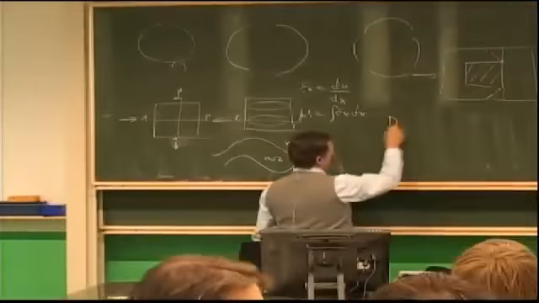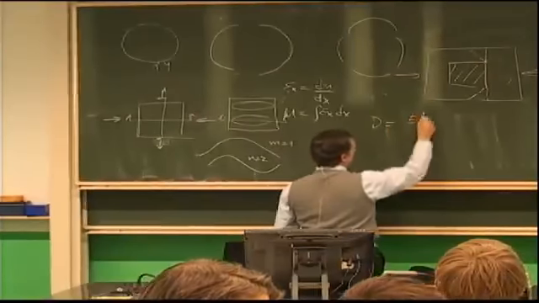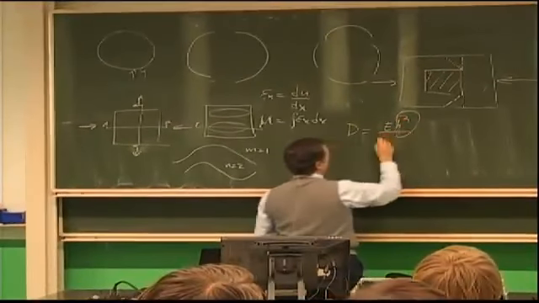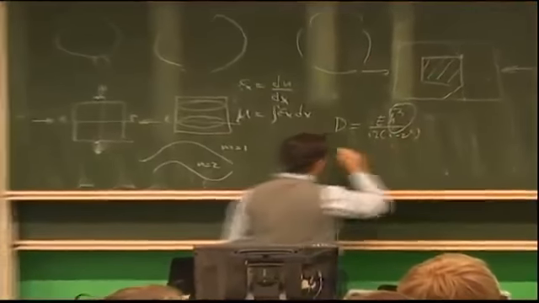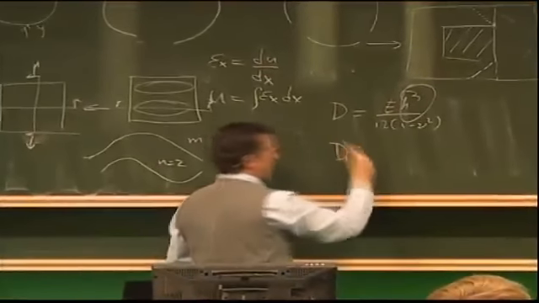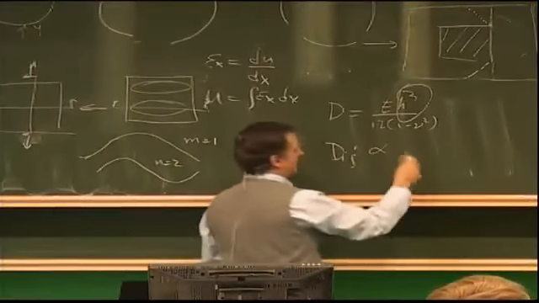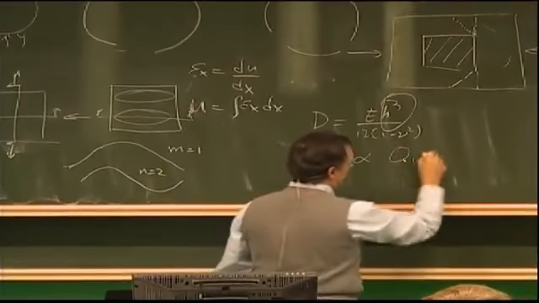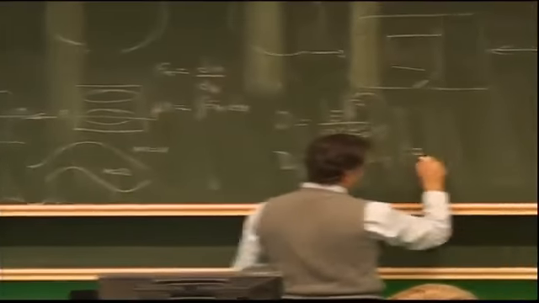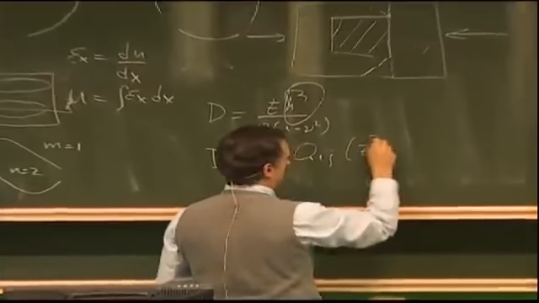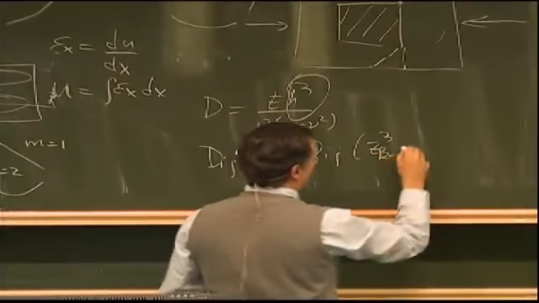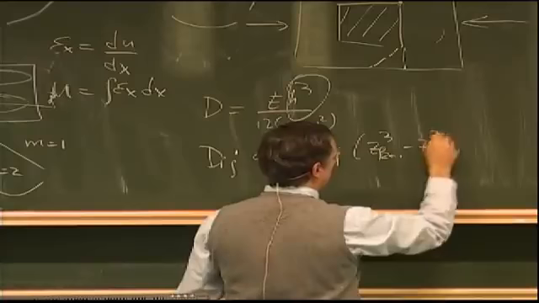But yeah, he's absolutely right. The D matrix, whether it's for isotropic material, we said it's E h cubed over 12 times 1 minus nu squared, or the Dij for a composite material, goes like the Qij times Z_k cubed minus Z_(k-1) cubed.